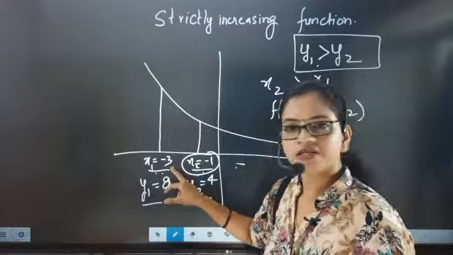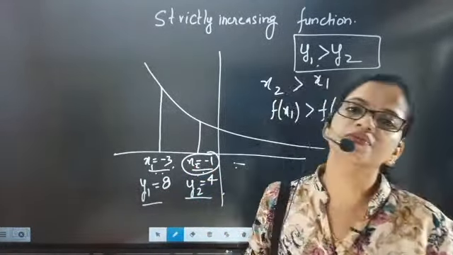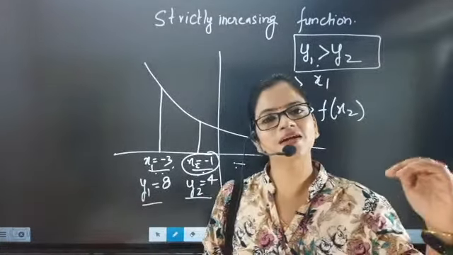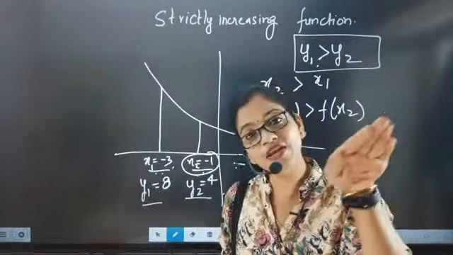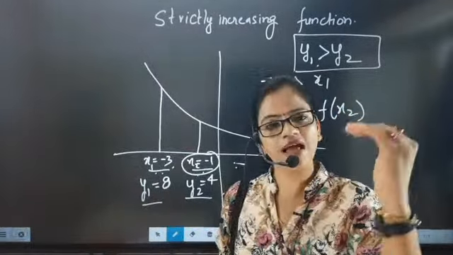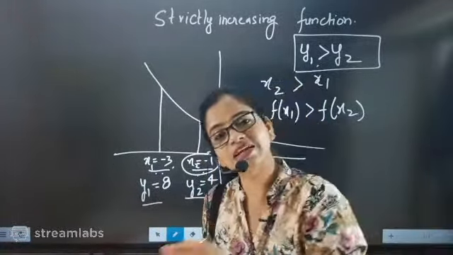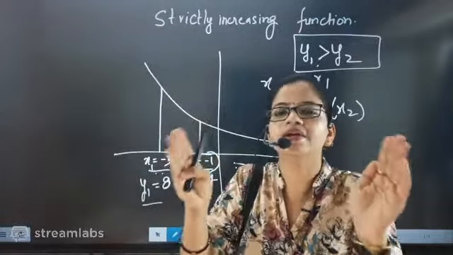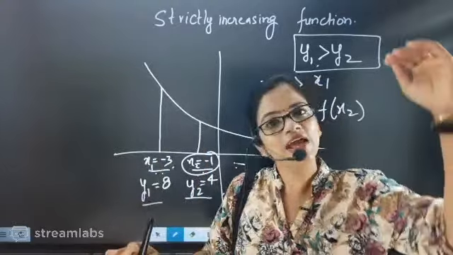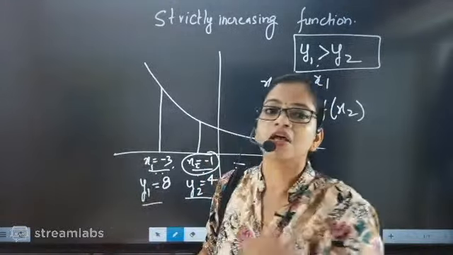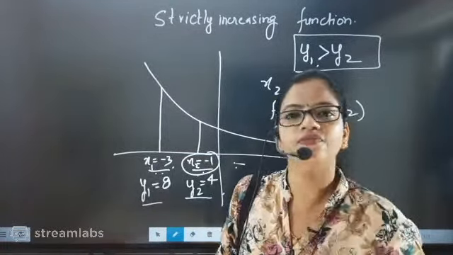So that means x is increasing and y is decreasing. When such a situation occurs and the curve is continuously going down, that is, for every increasing value of x in a particular interval, the value of y decreases, then it is a strictly decreasing function.